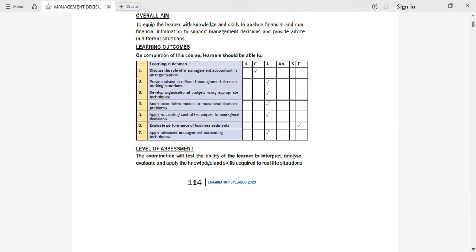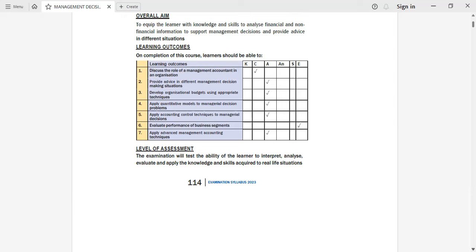And section A will comprise one compulsory number. It will be that one question carrying 40 marks. So section B will comprise 4 questions, of which each question will take 20 marks.